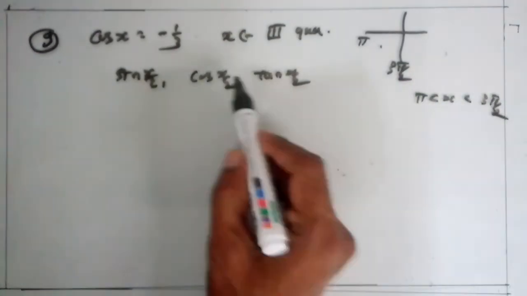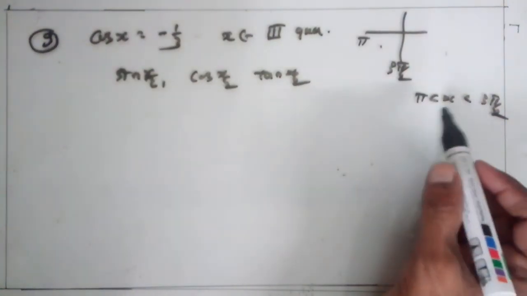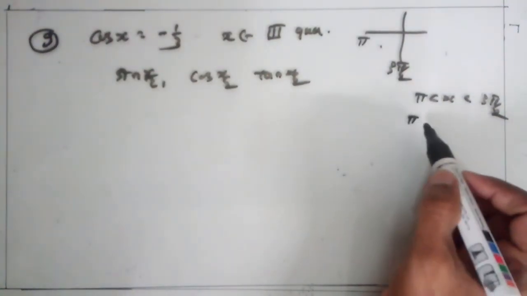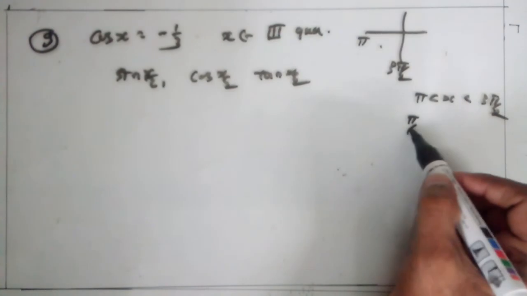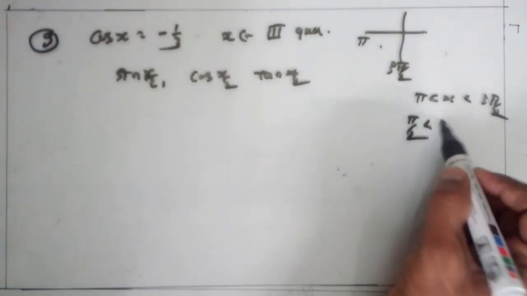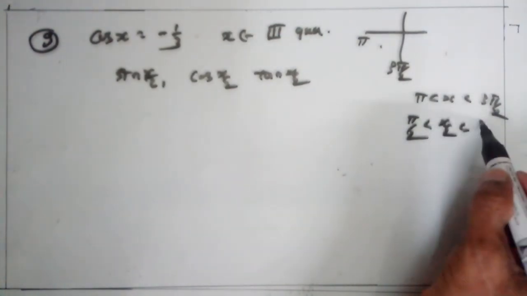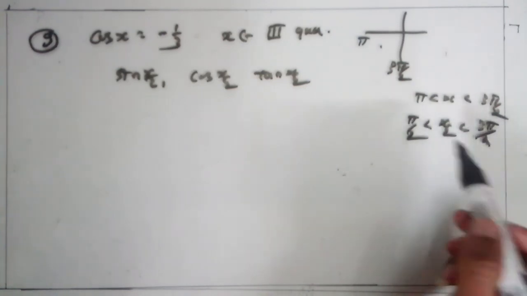Clear? So for x by 2, first we check in which quadrant x by 2 lies. So divide by 2, so pi by 2 less than x by 2 less than 3 pi upon 4. Okay?